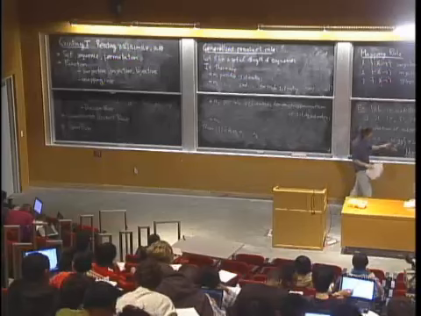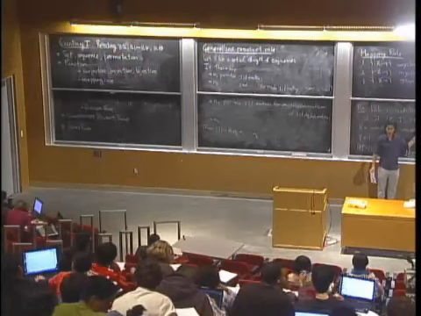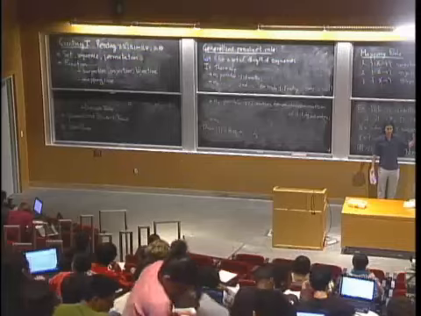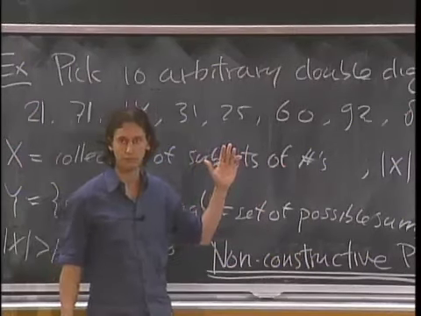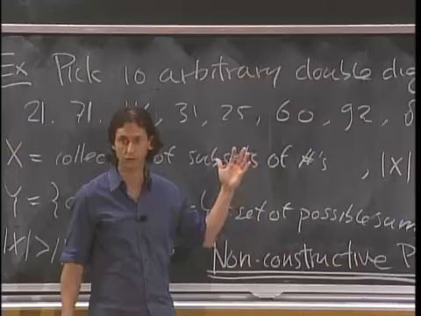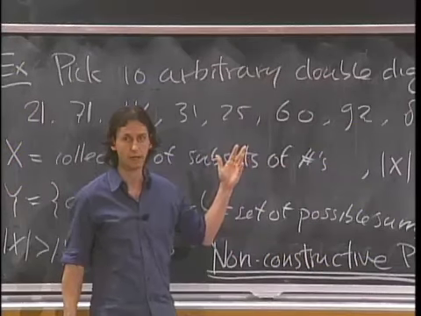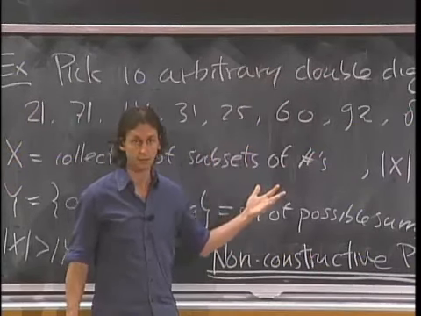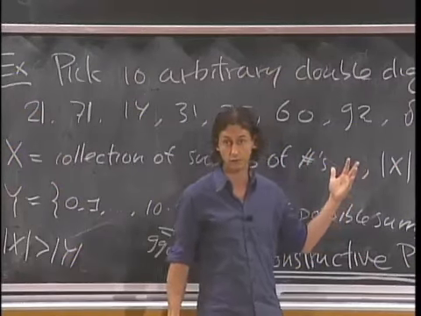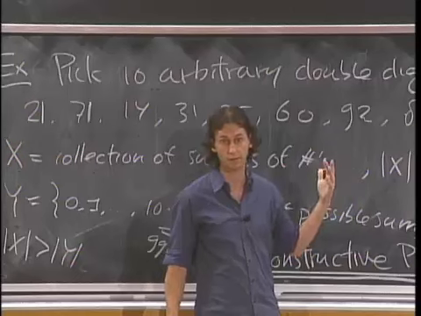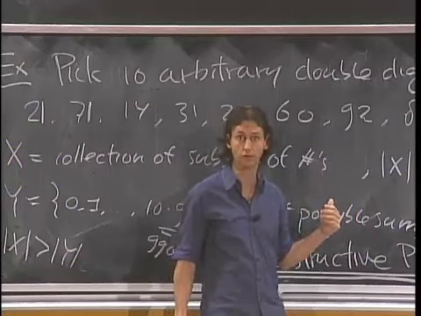Also, when we were counting the number of permutations, we were saying we can fix the first entry of a permutation in n ways, if I have a permutation over n elements. And then the second term of a permutation has only n-1 choices because I've already chosen one.